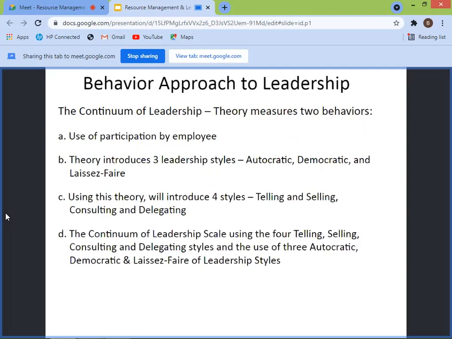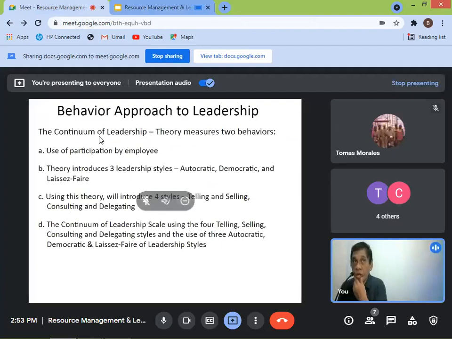The Continuum of Leadership theory measures two behaviors. Number one, use of authority by the manager, and number two, participation by the employee. The theory introduced three leadership styles: autocratic, democratic, and laissez-faire.